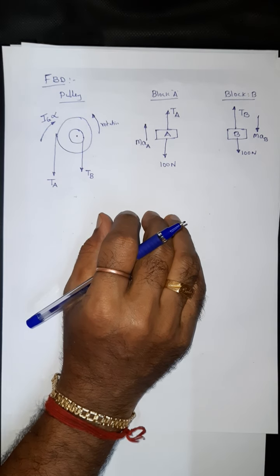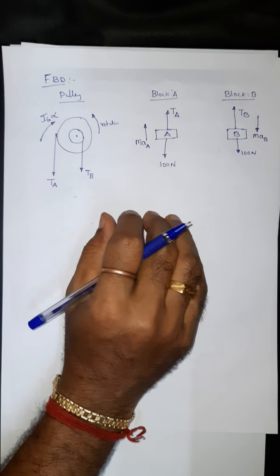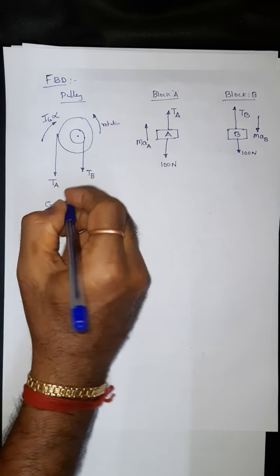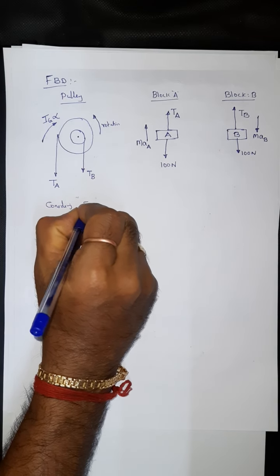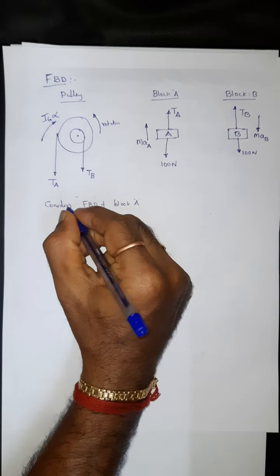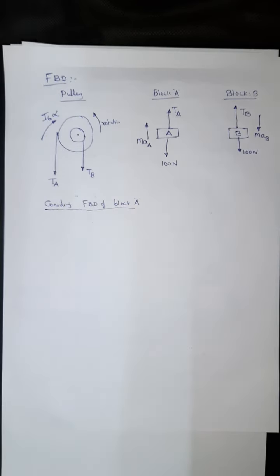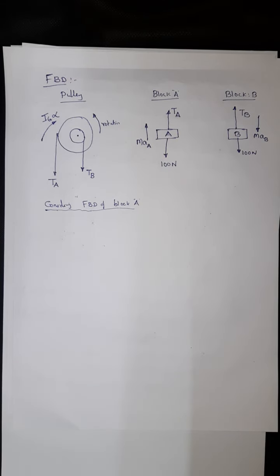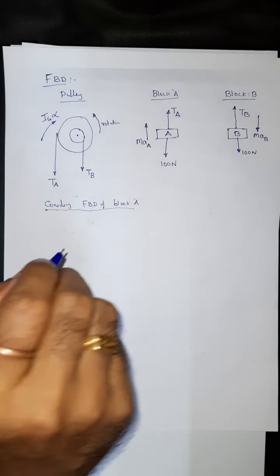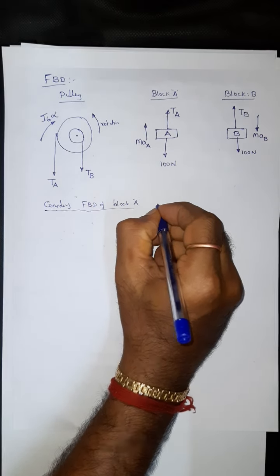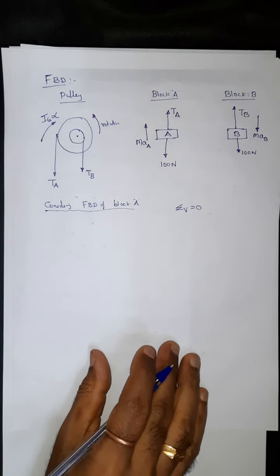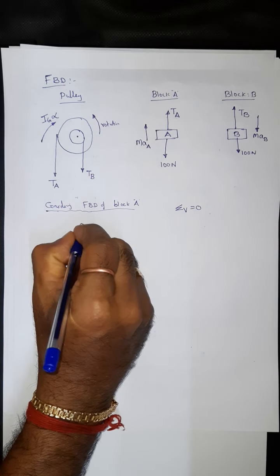Let me first consider block A. Considering the free body diagram of block A first, here we'll have to use the condition: sum of vertical forces equal to 0, and sum of horizontal forces. Here it is only vertical force, therefore sum of vertical forces is equal to 0.